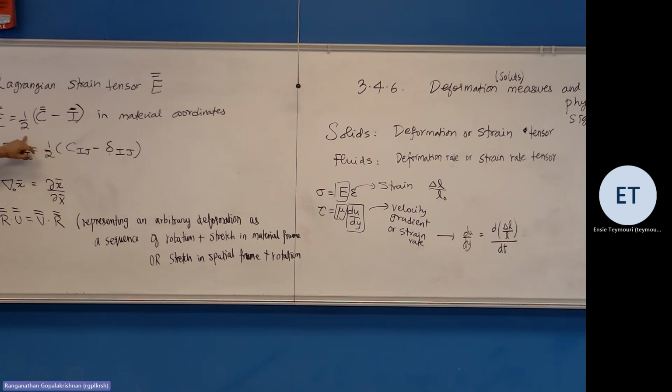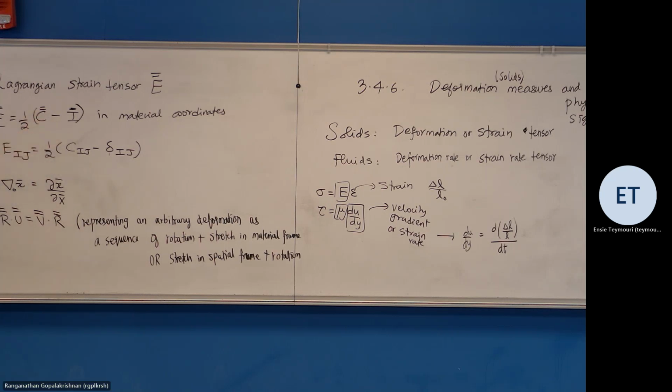We'll see that once we see that few lines of derivation, it will naturally pop out. It's basically like the change in length dx in spatial frame is related to the change in length dx in the material frame through this term. This exactly will show up in a minute.